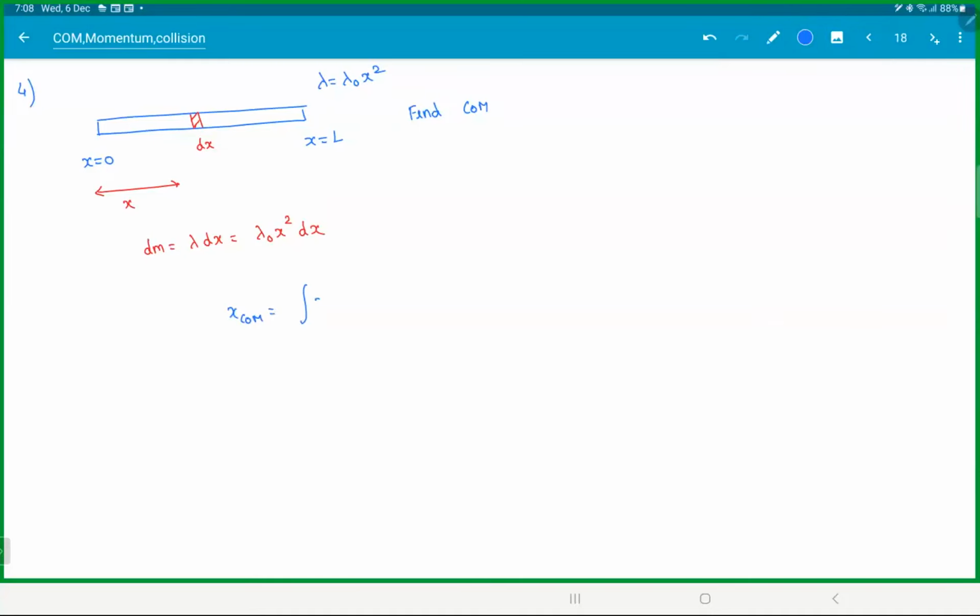So x center of mass will be integral x dm by integral dm. Lambda naught will cancel. This will become L power 4 by 4 by L cube by 3. Easy. Check, how did you get L square by 2? Dimension not matching. This would be lambda naught integral x cube dx.